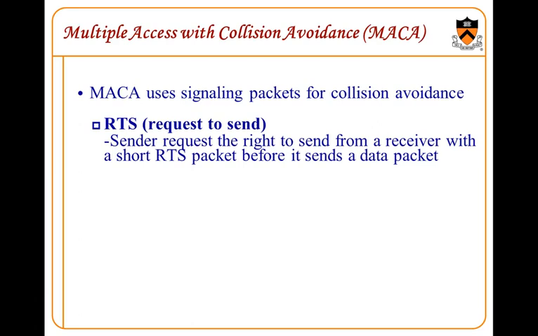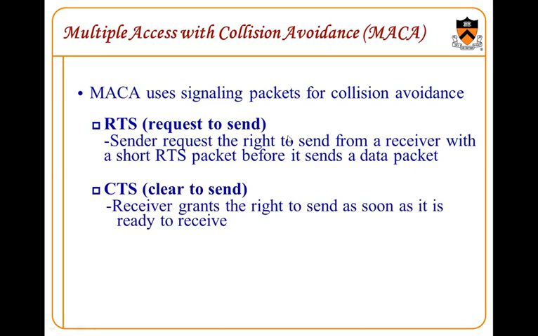So the sender requests the right to send from a receiver with a short RTS packet before it sends a data packet. Another packet is CTS, that is clear to send.